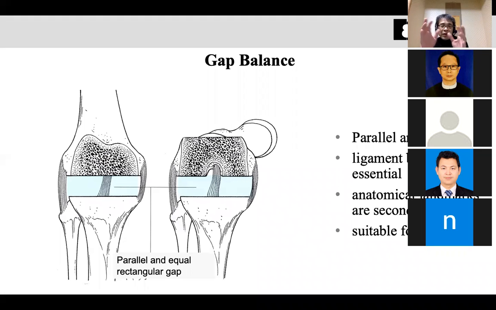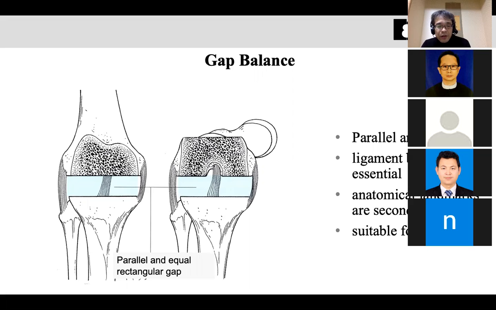So we need very good stability by the soft tissue, by ligament, muscle, and the capsule. At the same time, the knee should move through a very wide range, full extension to full flexion. To make this good stability and good mobility, ligament balance is essential.